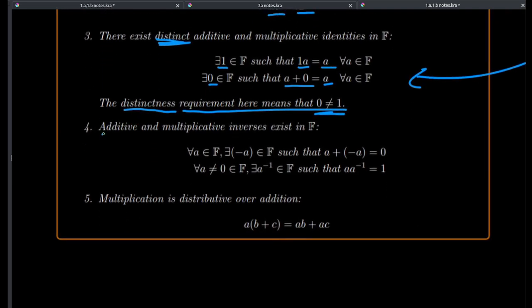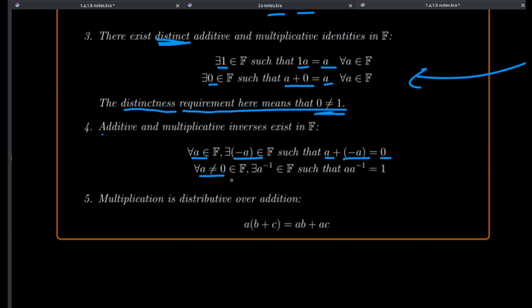Next up, there are additive and multiplicative inverses. Just like in the real numbers, just like in the complex numbers, you can take any element of your field, find another element, which we're just using the symbol minus a to denote, and this element is such that if you add it to a, you get back the additive identity.